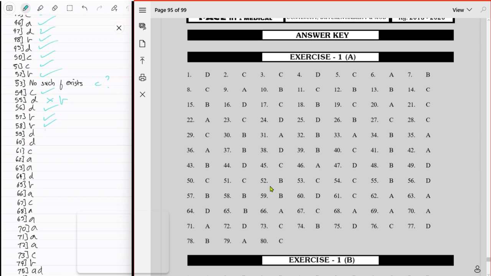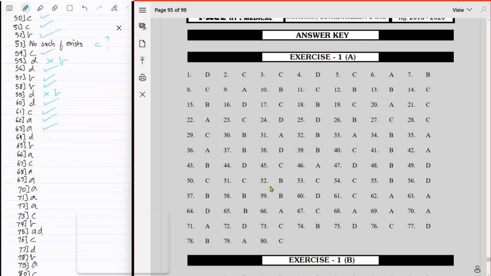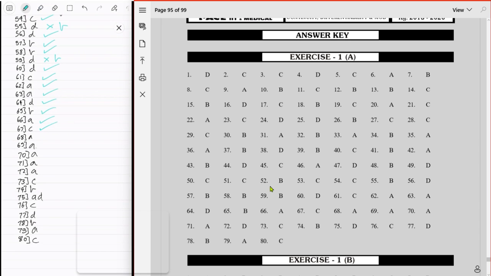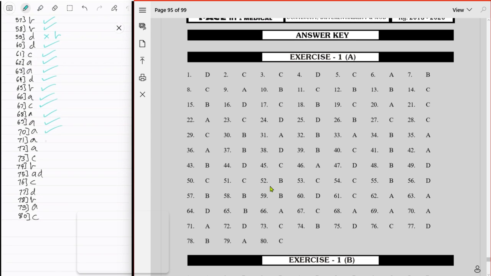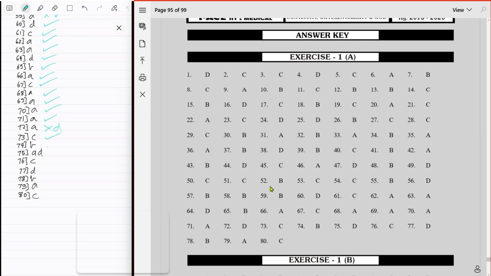Wait, 59 is B. Oh, 60, 61C, then AA, then 54, DBAC, 68, AAA, 71, ATC. Oh, 72 is okay. 73C, 24th, PD.